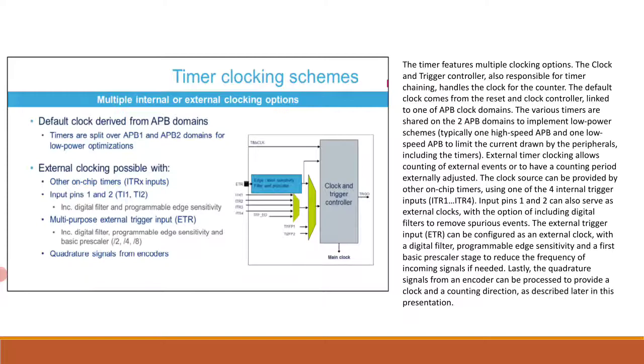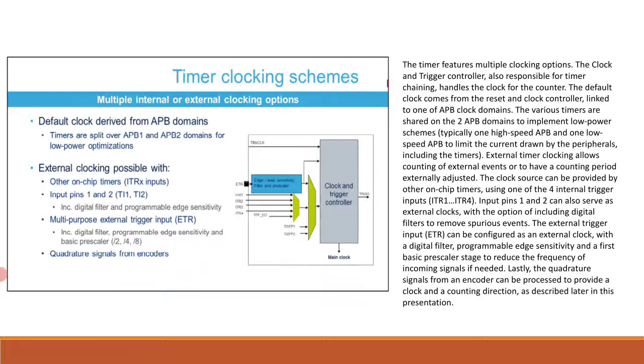Input pins 1 and 2 can also serve as external clocks, with the option of including digital filters to remove spurious events. The external trigger input ETR can be configured as an external clock with a digital filter, programmable edge sensitivity, and a first basic scalar stage to reduce the frequency of incoming signals if needed.